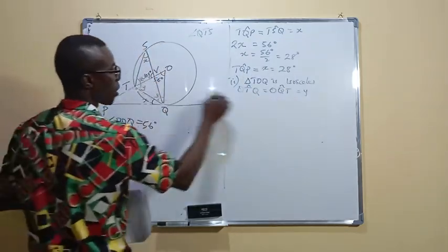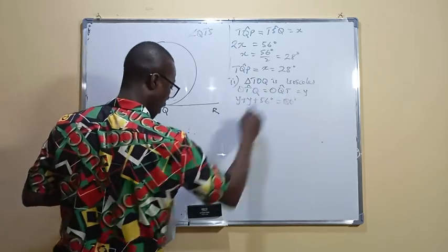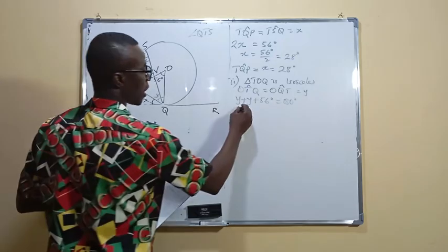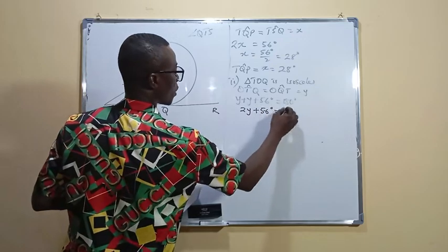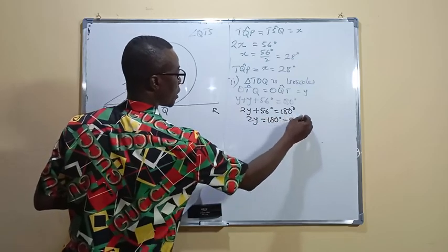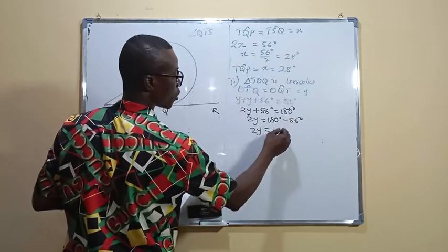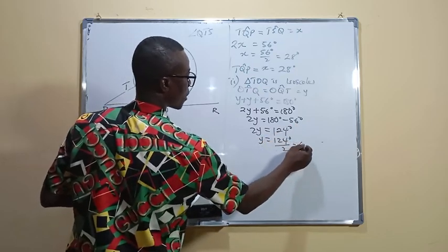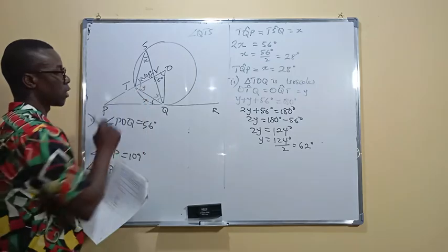So y plus y plus 56 degrees gives 180 degrees. This is 2y plus 56 degrees equals 180 degrees. So 2y is equal to 180 degrees minus 56 degrees, which gives 124. And so y will be 124 degrees divided by 2. That gives me 62 degrees. So I have the value of y to be 62 degrees.